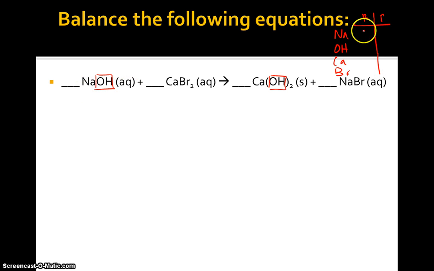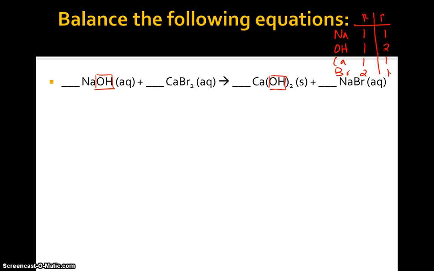So I've got 1 Na, 1 OH, 1 Ca, and 2 Brs on my reactant side. On my product side, I've got 1 Ca, 2 OHs, 1 Na, and 1 Br.